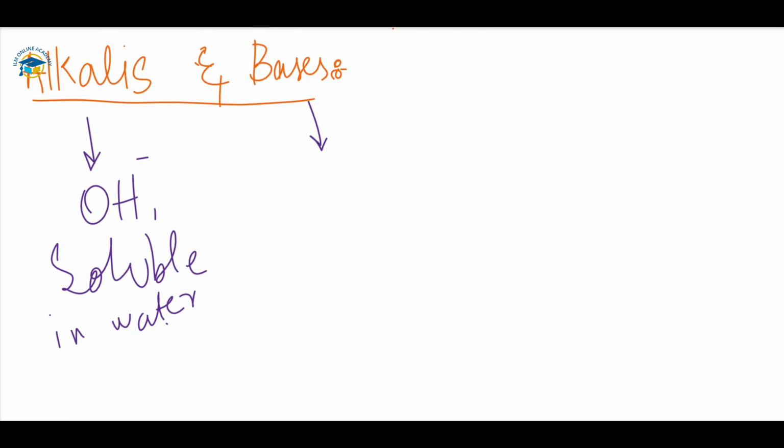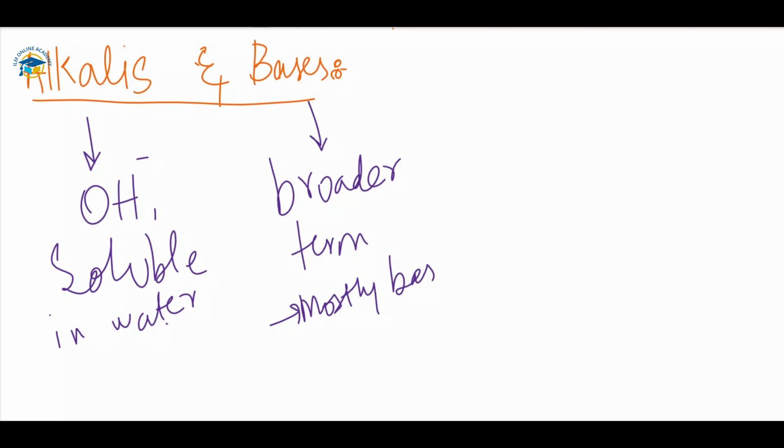Bases is the broader term, and this also contains the oxides and hydroxides of the metals. Mostly, bases are insoluble in water. All the alkalis are soluble in water, and this makes the few bases that do dissolve in water more significant, so they are given a special name, alkalis. They are generally used as an aqueous solution.